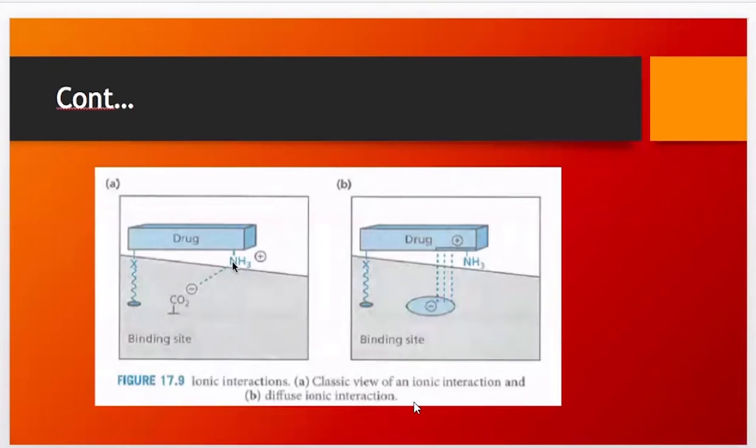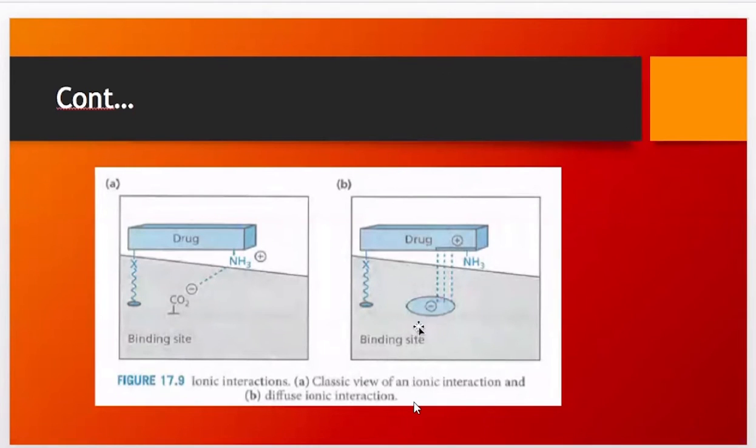We feel as if the interaction will just be specific at the nitrogen atom and the carbonyl group, which is not the case. The case would be that this positive charge on the nitrogen atom is actually diffuse, occupying a specific region of the compound.